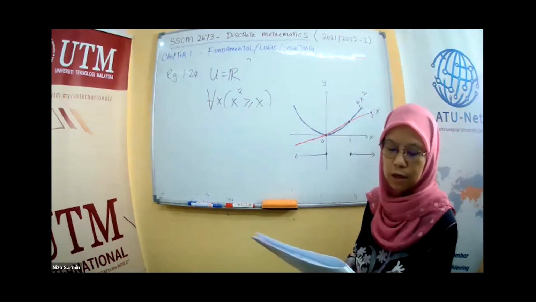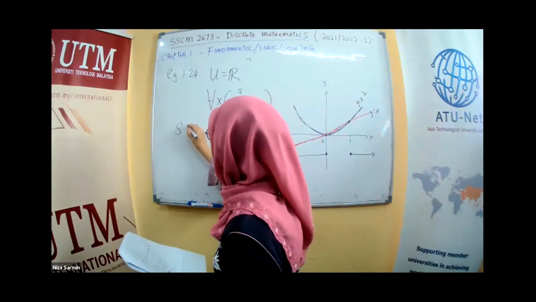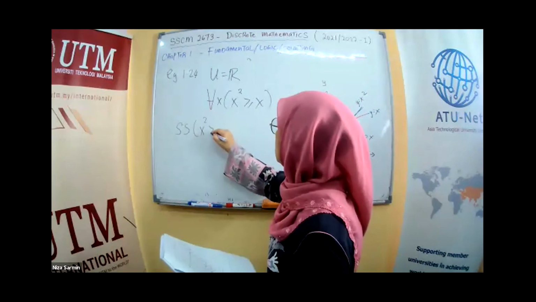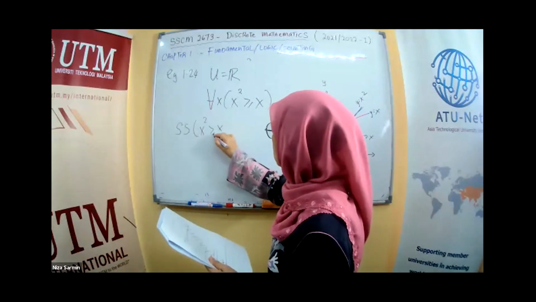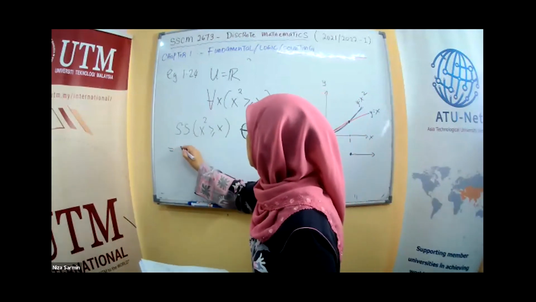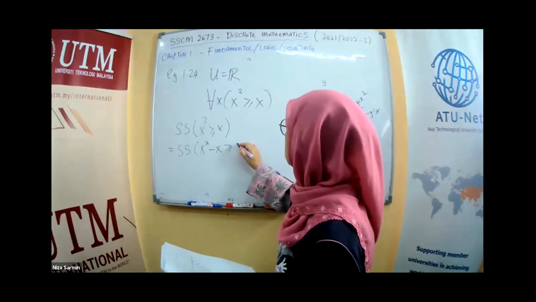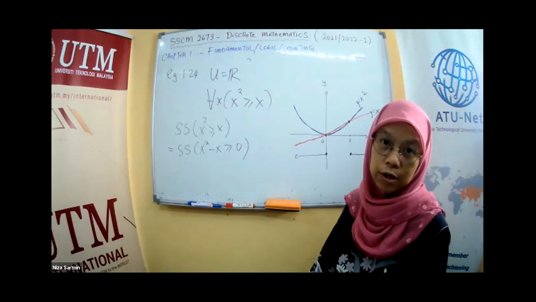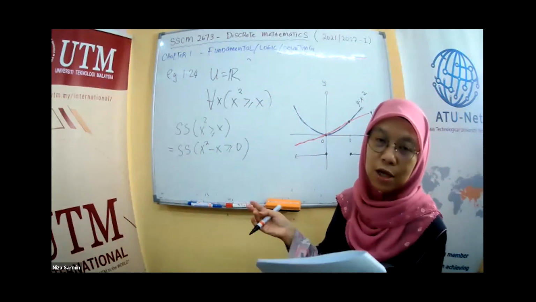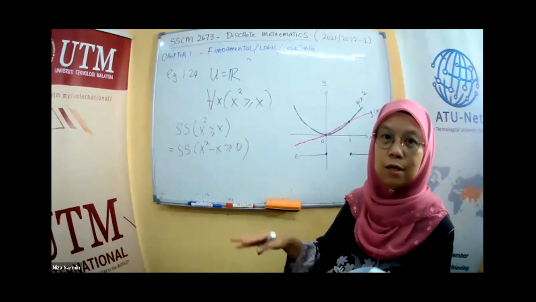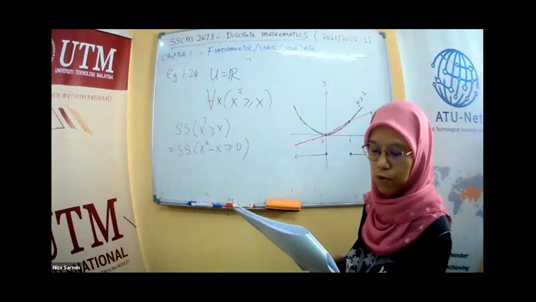Write the solution set of x squared bigger than or equal to x, and you can bring it to the other side, right? And then you can factor, right? x times (x minus 1), so you know it's between 0 and 1, and the other one like you did before.